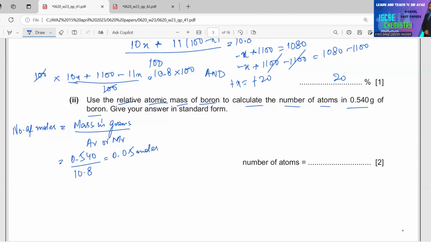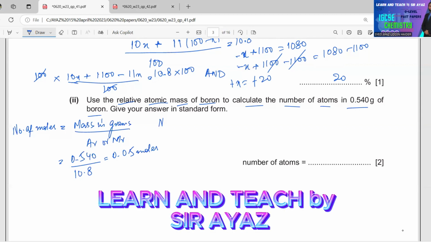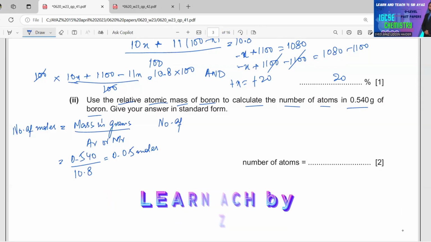Now, in order to calculate the particles, number of atoms, here they mentioned number of atoms, which are actually particles. We have to multiply the number of moles by the Avogadro number. Here's the formula for calculating number of particles.